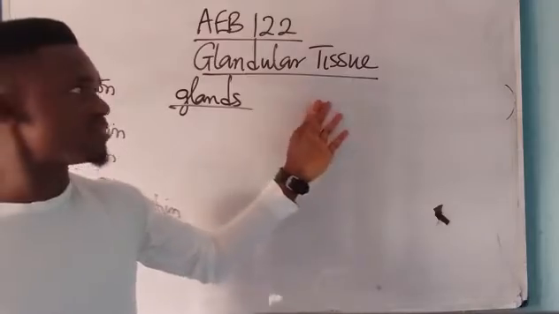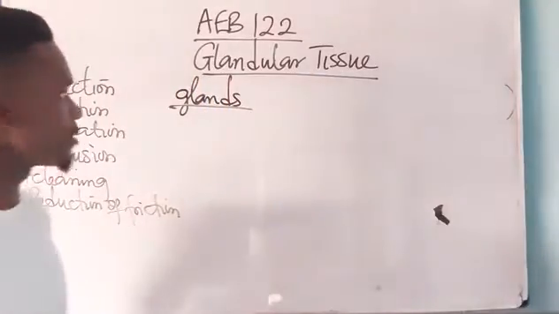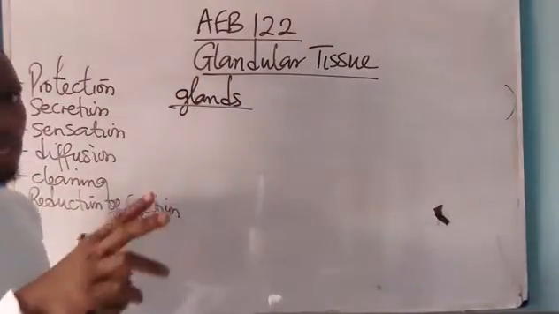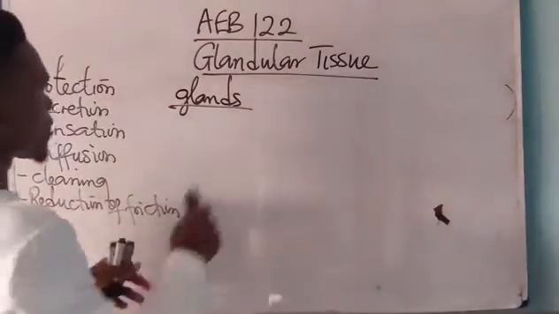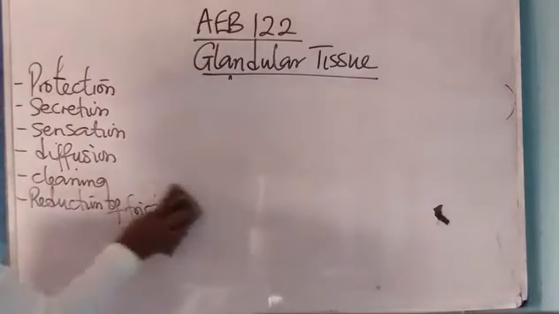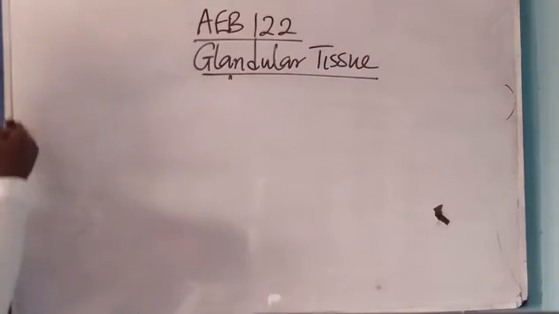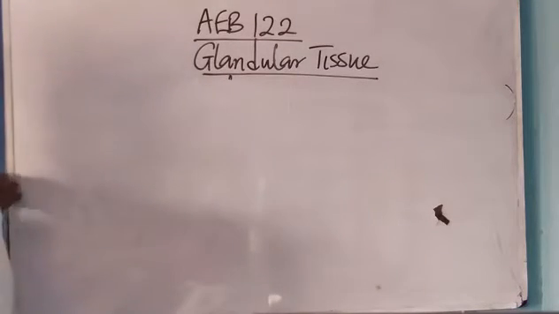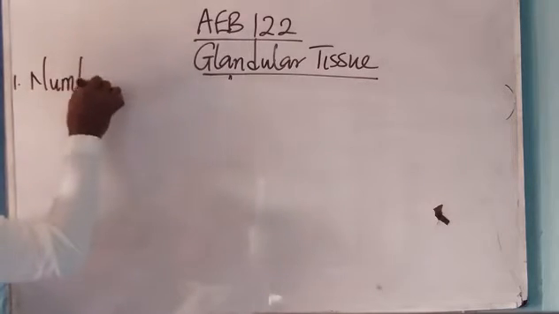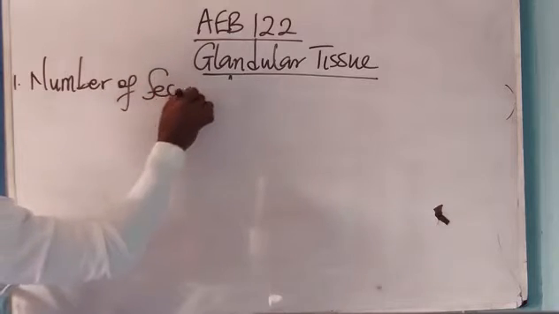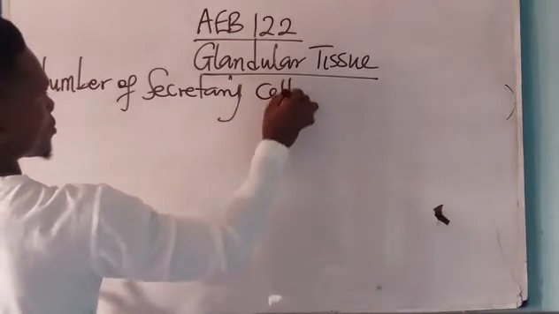Now, glandular tissue is divided into different categories based on how many criteria? Five criteria. The first criterion glandular tissue is divided by is the number of secretory cells.